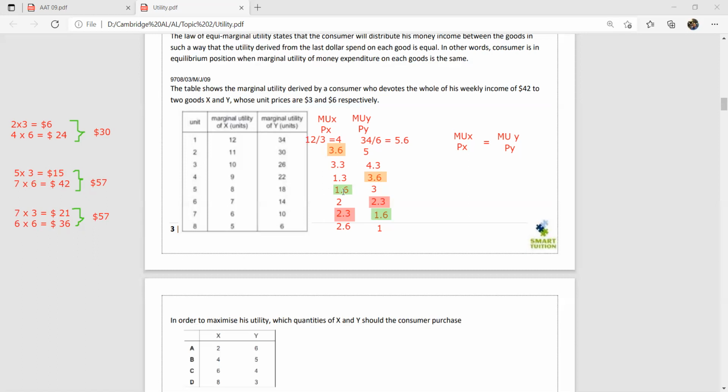In the second one, there is a mistake here. 9 divided by 3, it is 3.